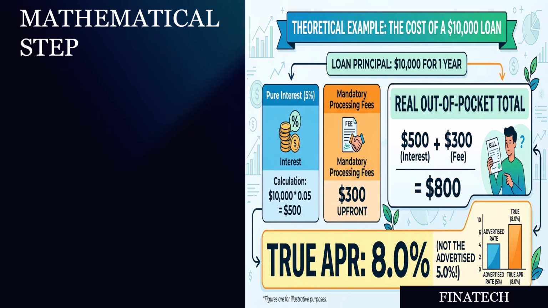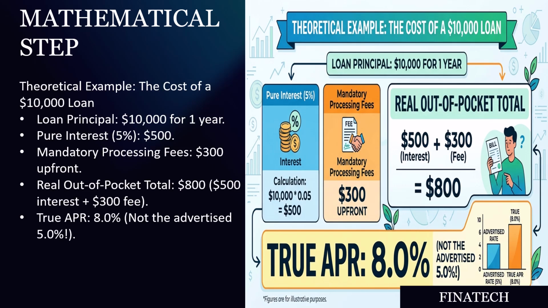Let's do some quick math together. If you borrow 10,000 at a 5% advertised rate, you expect to pay 500 in interest.